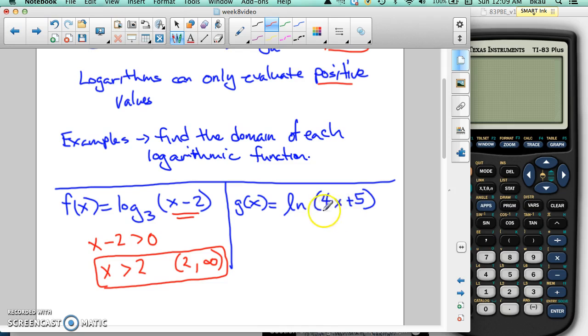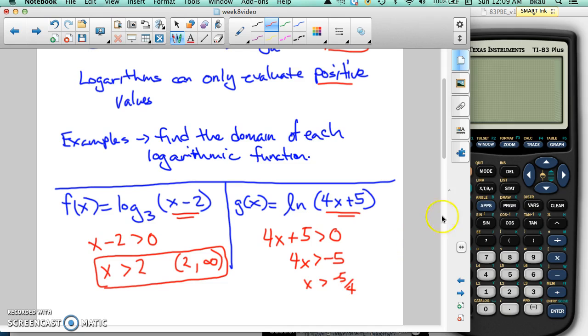All right, so we do the same thing on this second example. We would look at where this function is positive. So we would write 4x plus 5 has to be positive, and we'd solve. So we get 4x is greater than -5, and then we divide and we get -5/4.